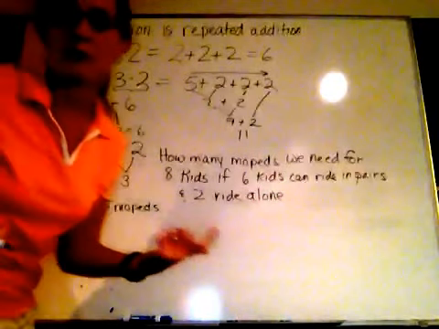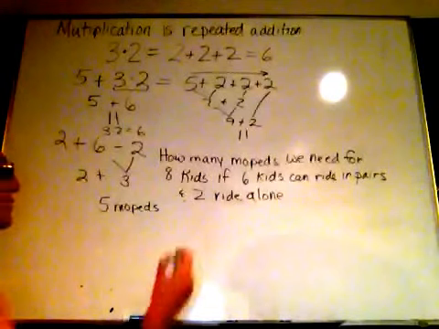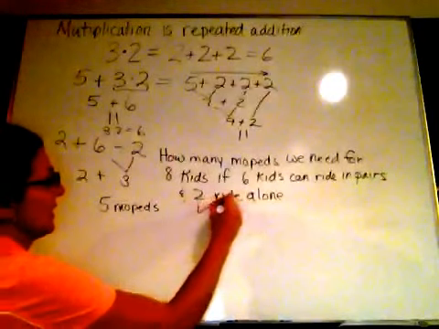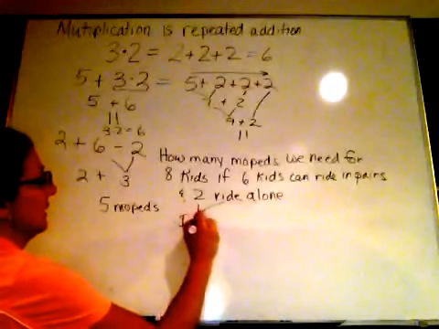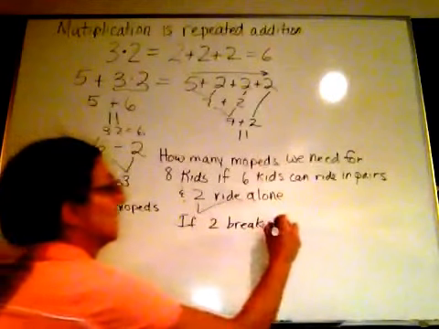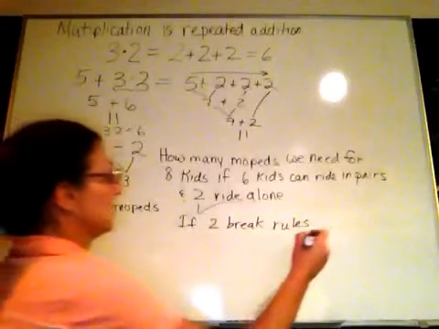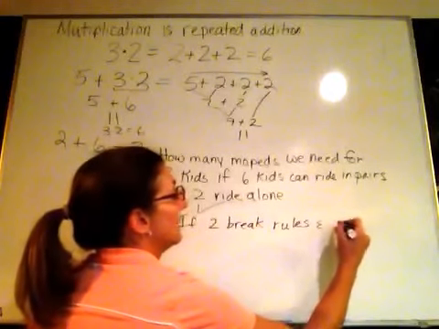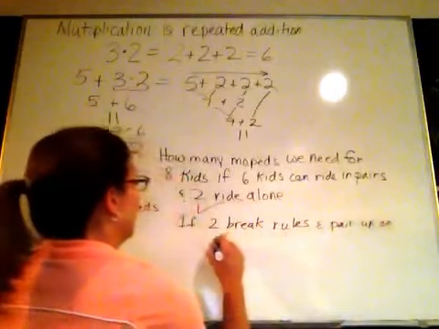Now let's say we want to overrule that. Let's say that these two kids right here are going to break the rules. If 2 break rules, and they decide they're going to go ahead and ride 2 to a moped too, and pair up on the moped.